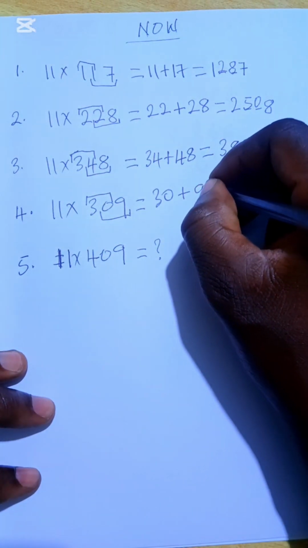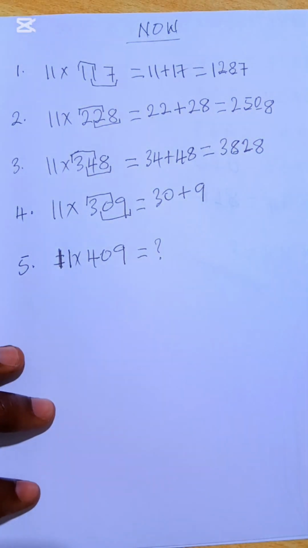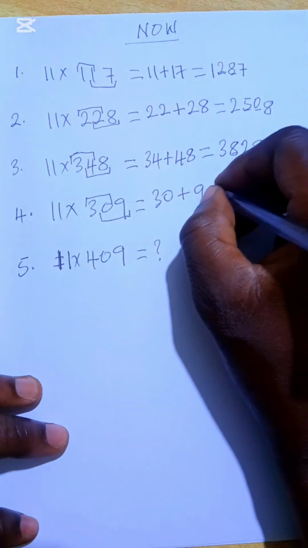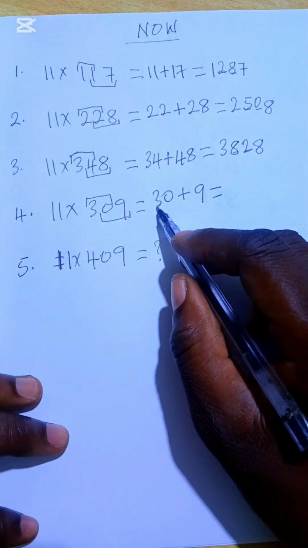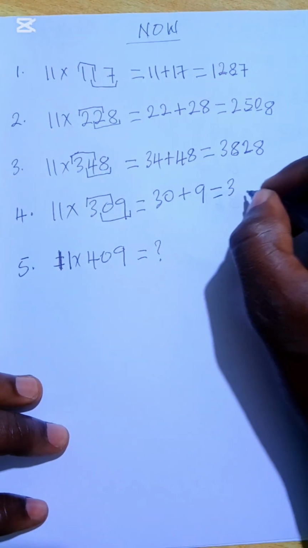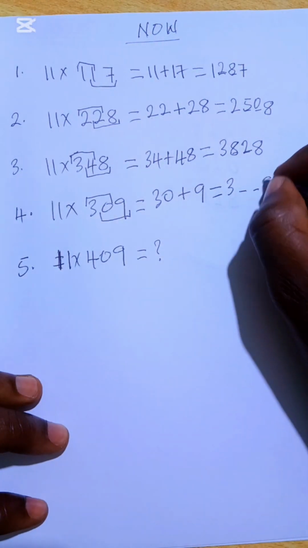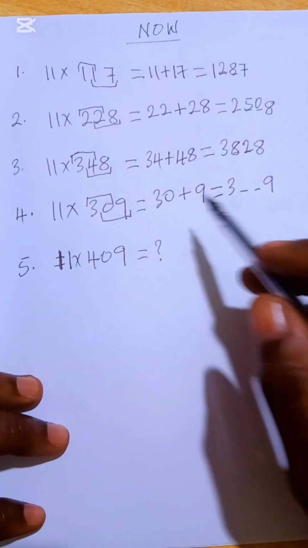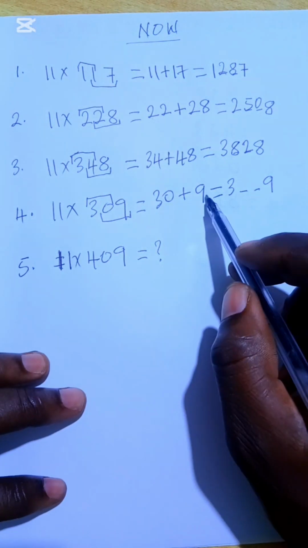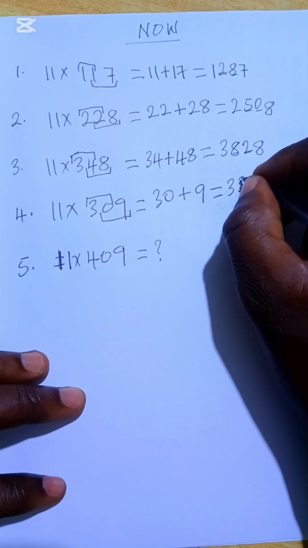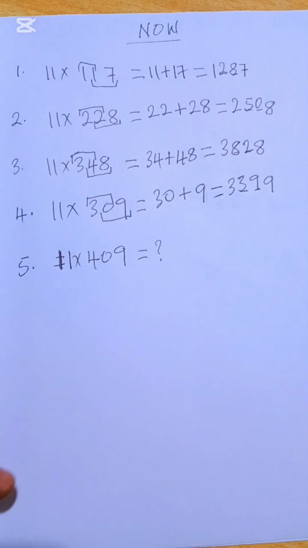So 30 plus 9. The answer will be 39. Good. So the first digit here is 3. 2 spaces. And the last digit here is what? Is 9. All right. So when you add 9 to 30, I will get 39. So your answer becomes 3,399.